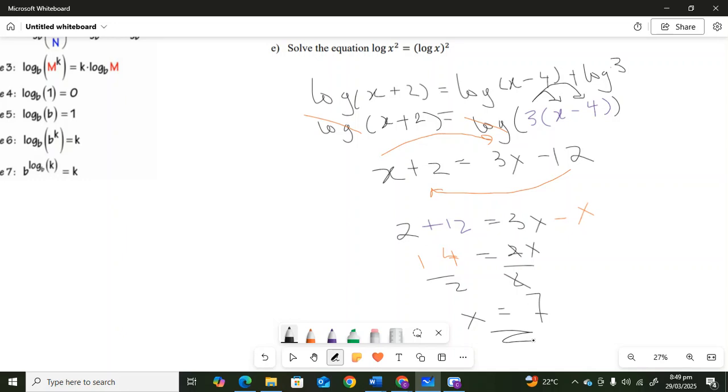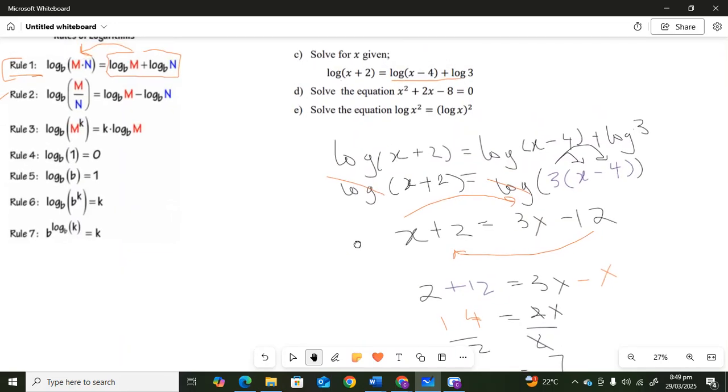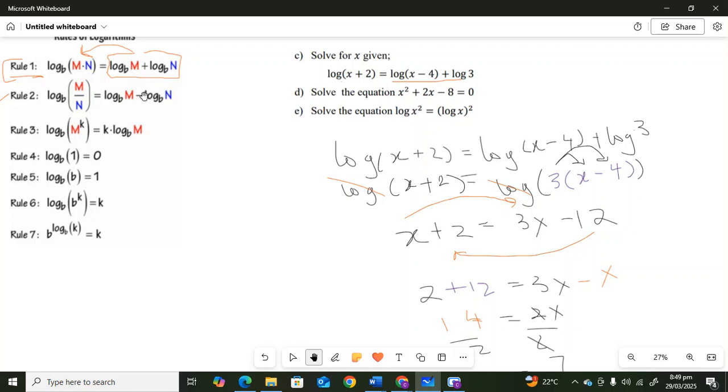So when you see such a type of equation, make sure first the logarithm base is the same. Okay. After that, next thing you need to get rid of the logarithms. So one of these rules, the equation will be in a format where you can either apply the product rule or the quotient rule. In this case, if you see a plus, you're doing the product rule. As you can see, you combine the numbers here, you multiply the numbers. Once you've applied the product or the quotient rule, then you get rid of the logarithms on both sides.